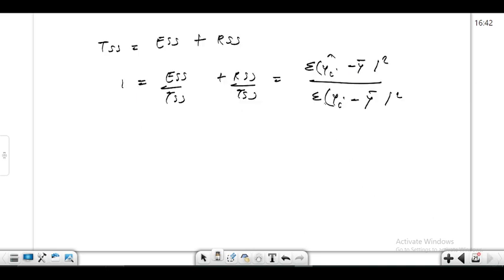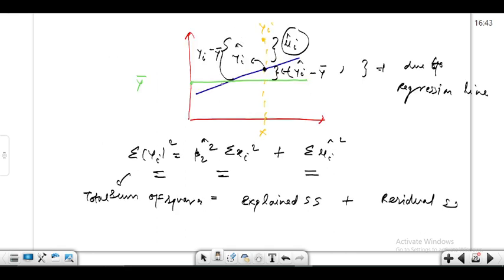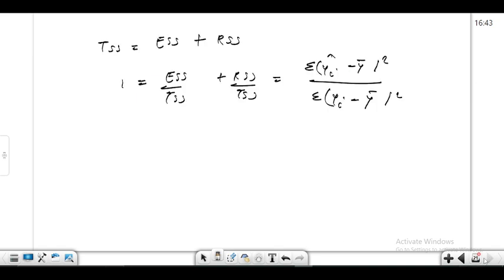And TSS, the total sum of squares, is yi minus y bar. How far is the yi value from the average y value? So your R square is ESS upon TSS, plus summation ui hat square upon summation yi minus y bar whole square.